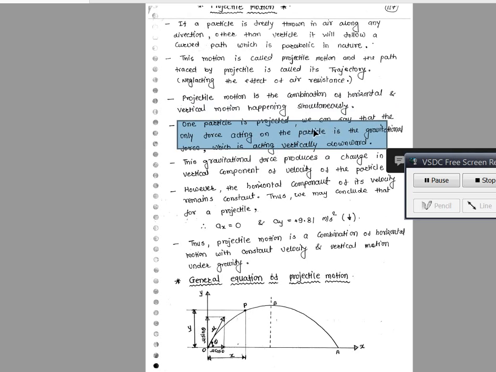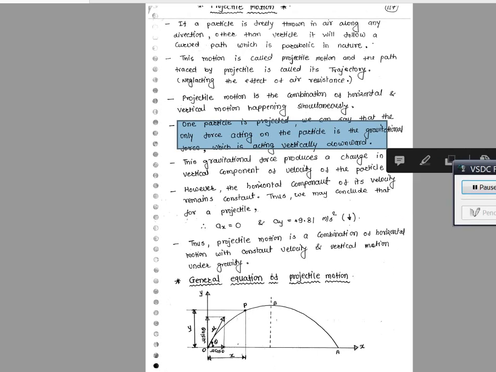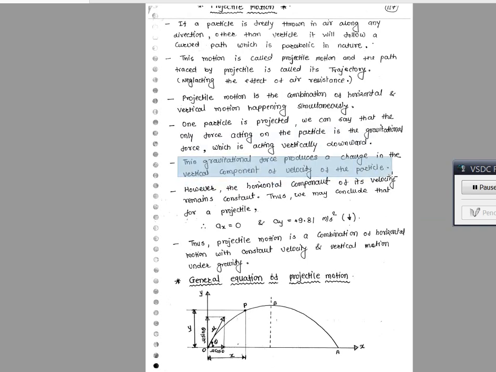When the particle is projected, we can say that the only force acting on the particle is the gravitational force, which acts vertically downward. So in the case of a projected particle, only a single force is acting, which is nothing but the gravitational force. The gravitational force produces a change in the vertical component of the velocity of the particle.